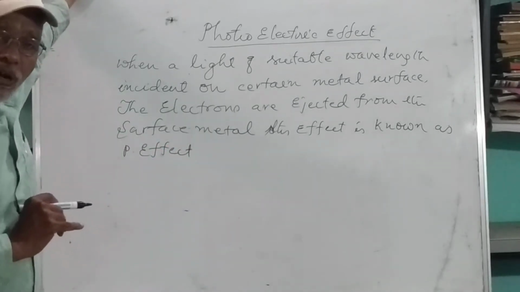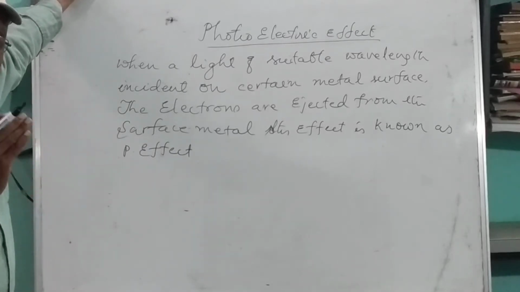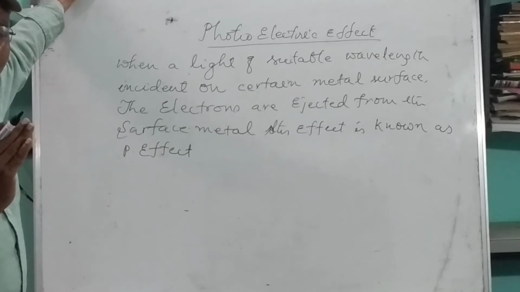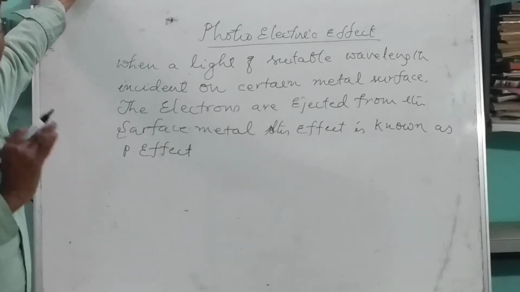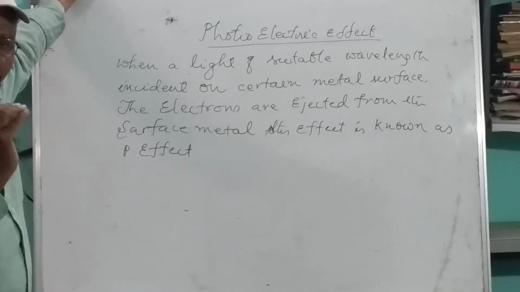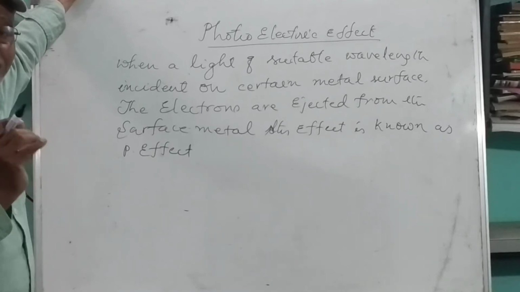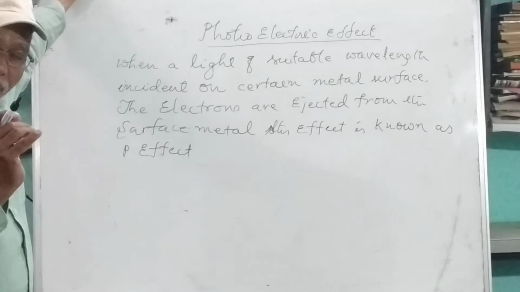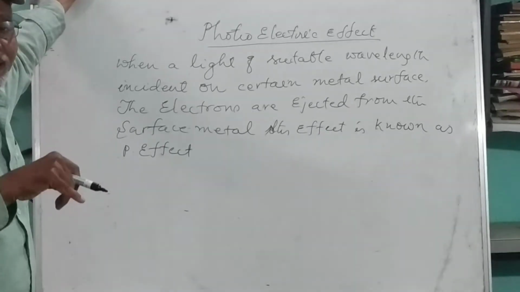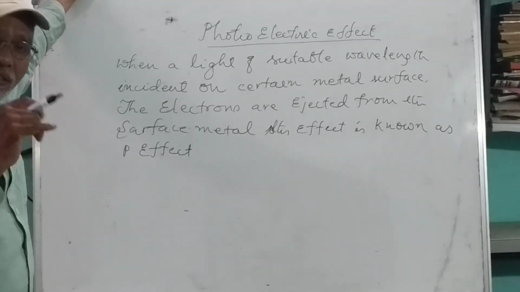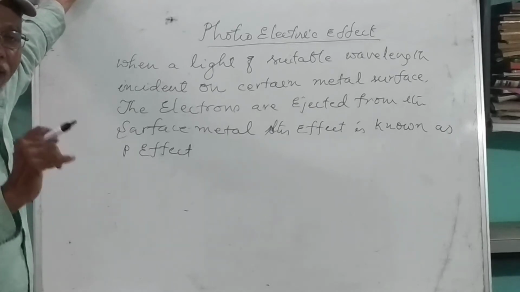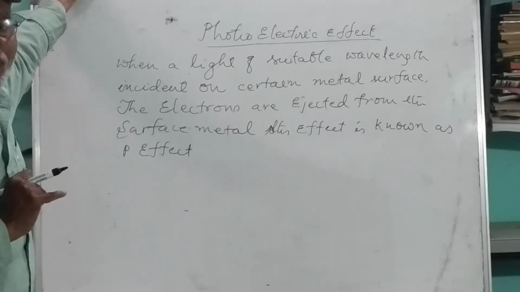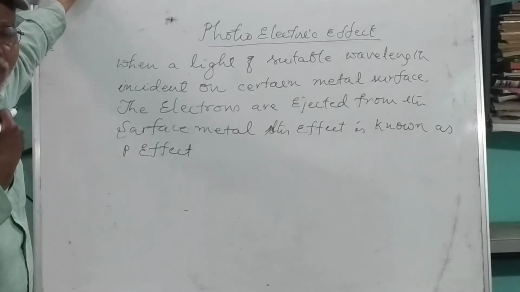Now the electrons which are liberated from the surface of the metal are known as photoelectrons. Here the source is light, and photo is nothing but light. Because of the light radiation incident on the metal surface, the electrons are liberated, and the emitted electrons we call photoelectrons. What are photoelectrons?